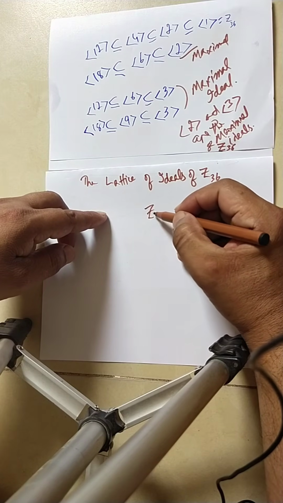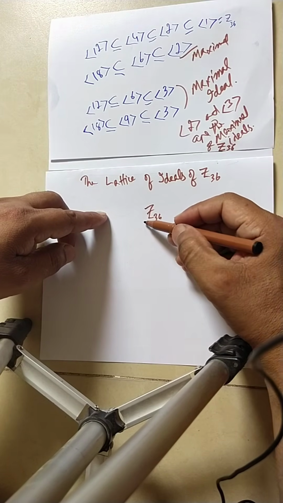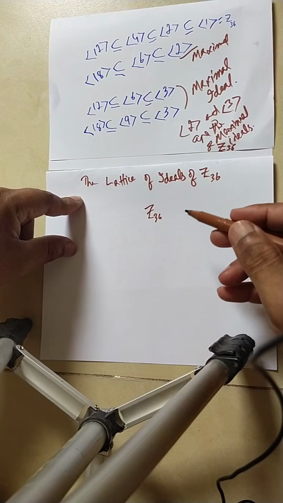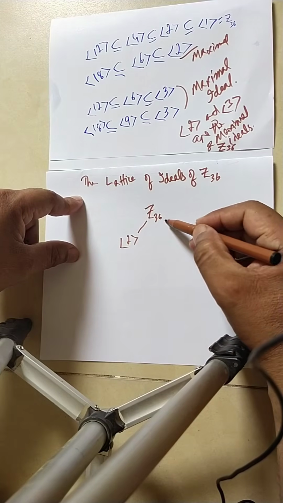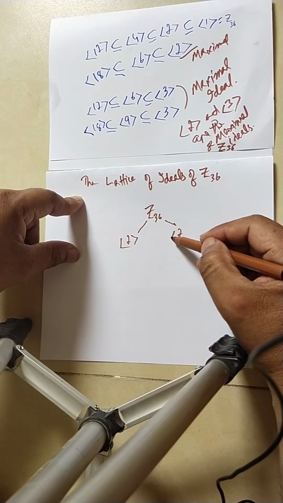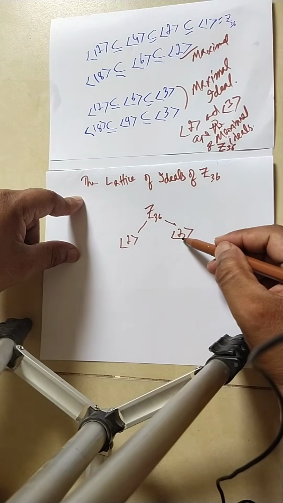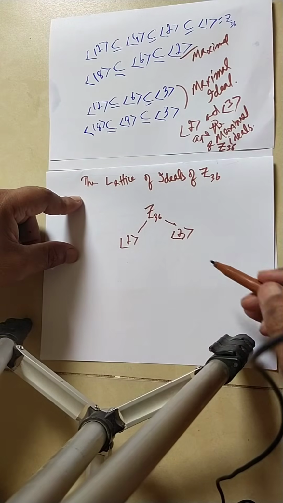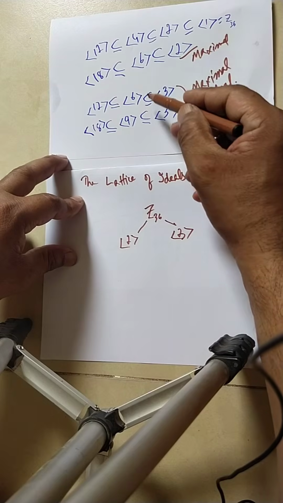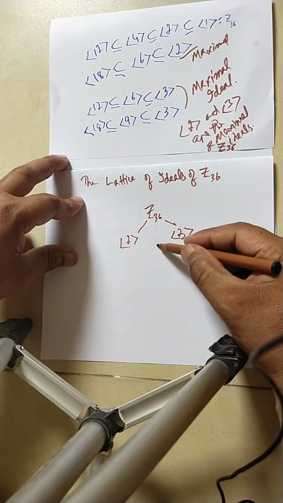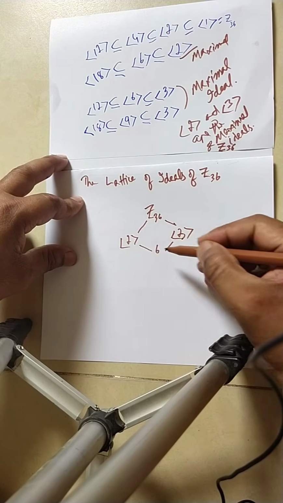Z36 and its maximal ideals are 2 and 3. These are the maximal ideals. Next, 6 is contained in both ideal 2 and ideal 3, so this is the ideal 6.